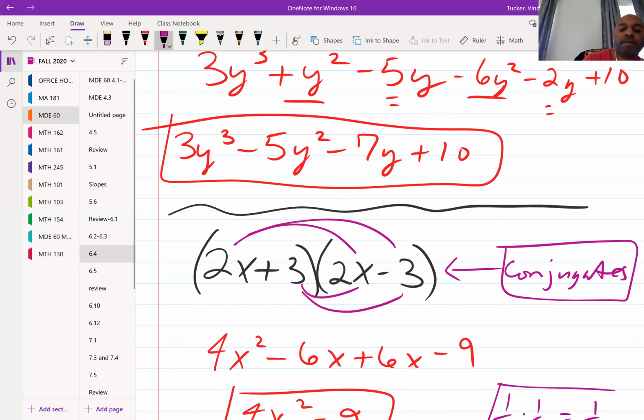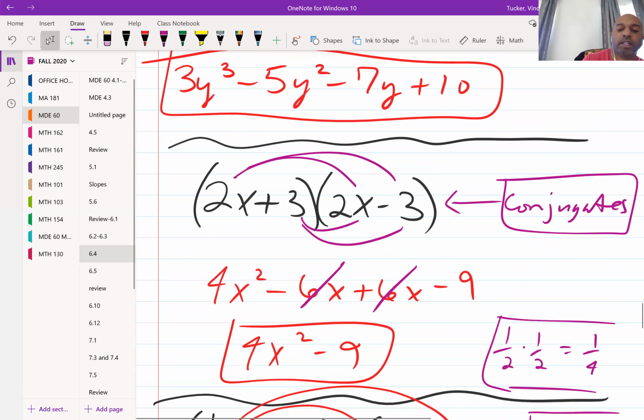So we notice what happens in the middle is that we have a negative 6x and a positive 6x. And that leaves us with 4x squared minus 9. And so whenever you're multiplying conjugates, that will always be the case. Your middle term should cancel for you.